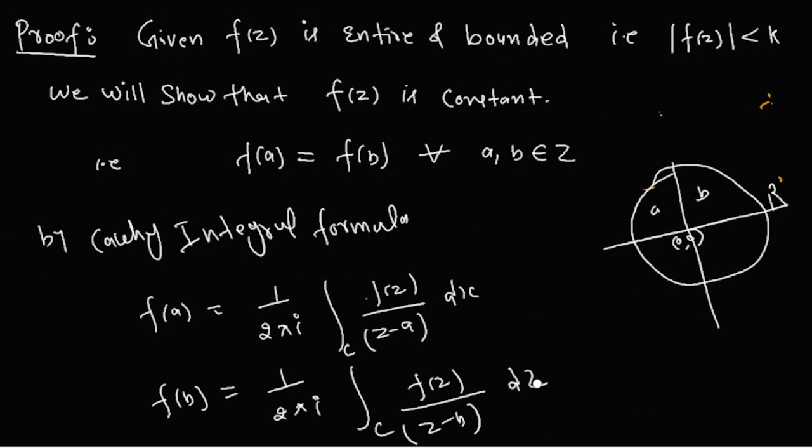Okay, now suppose this is equation number 1 and this is equation number 2. So to prove f of a equal to f of b, it means f of a minus f of b equal to 0.